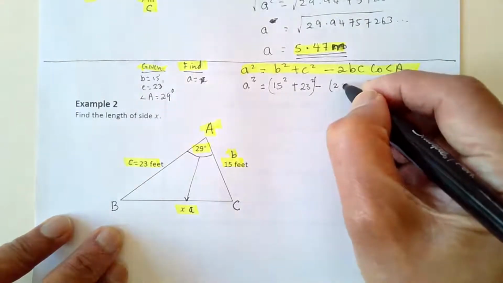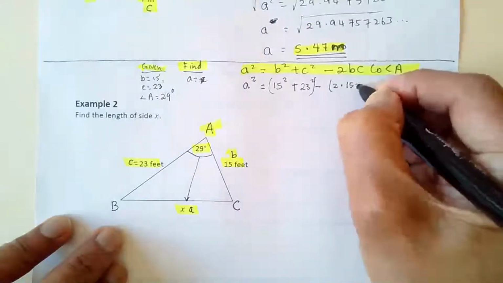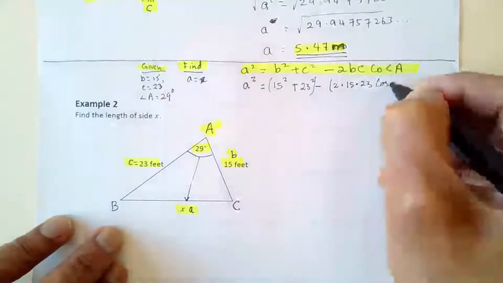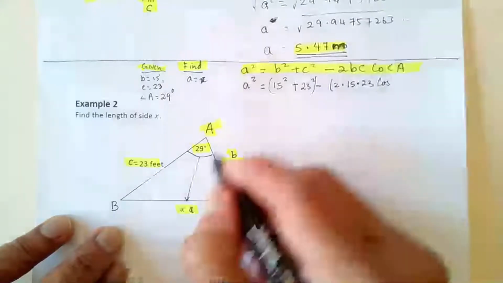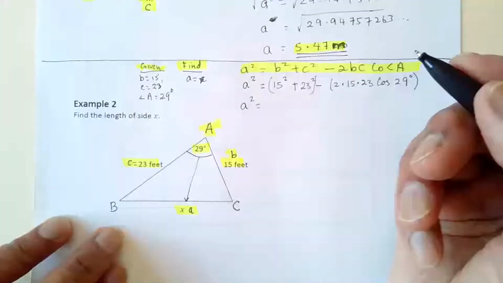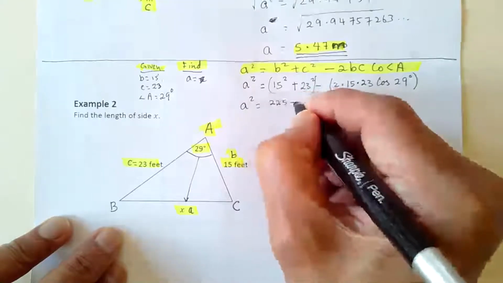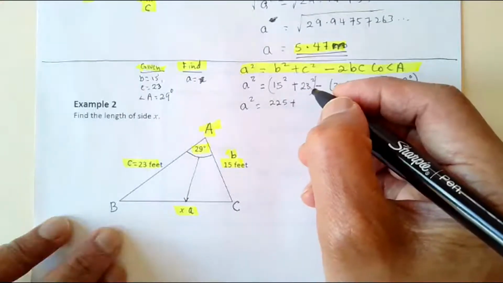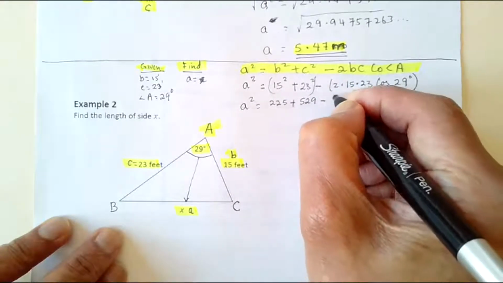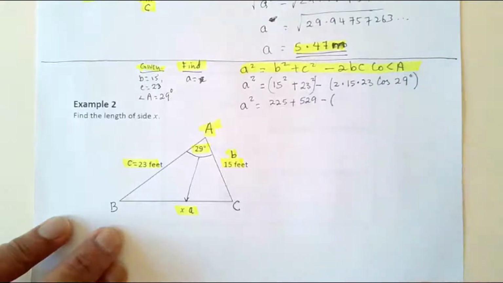Minus 2 times B, which is 15, times C, 23, cos 29 degrees. 15 squared is 225, 23 squared is 529.